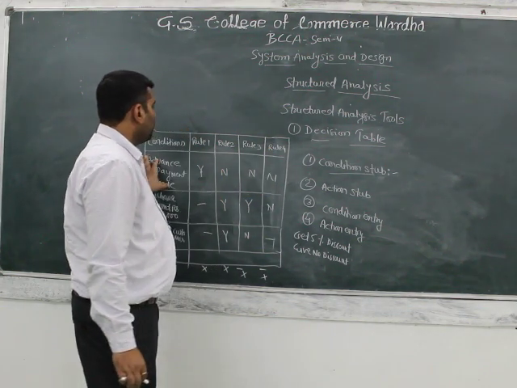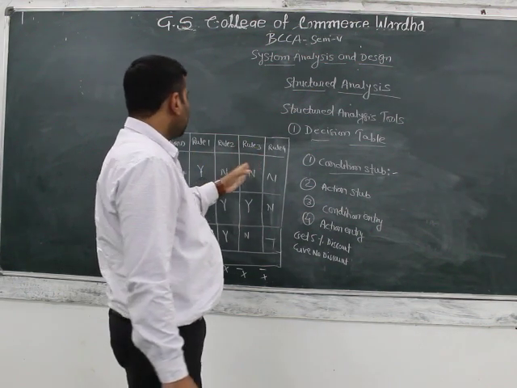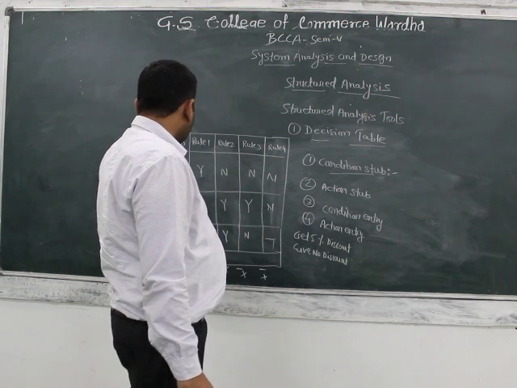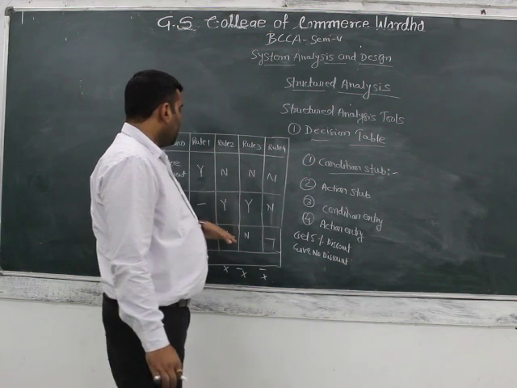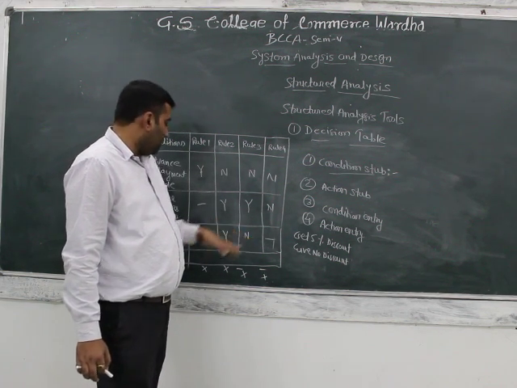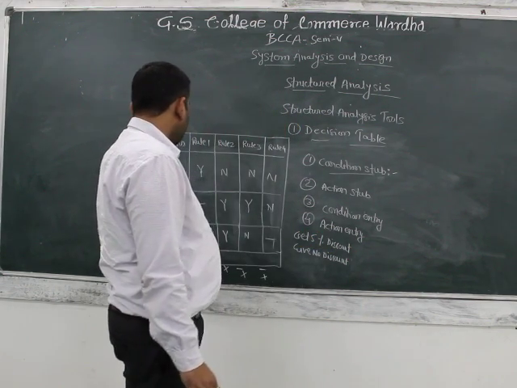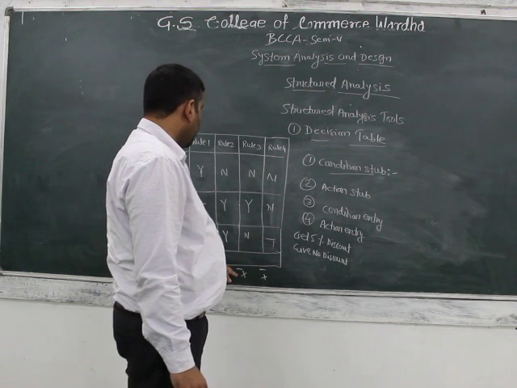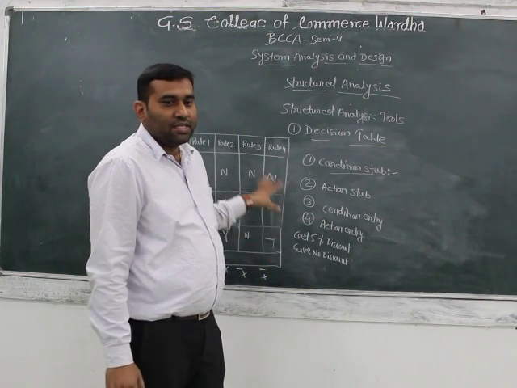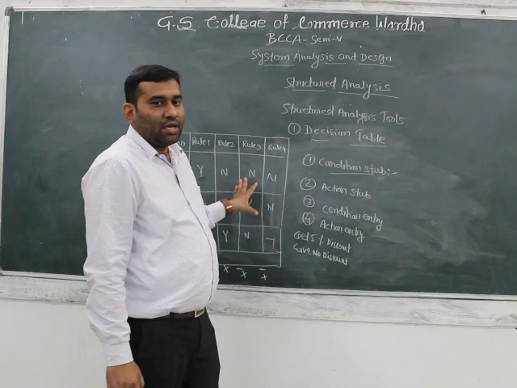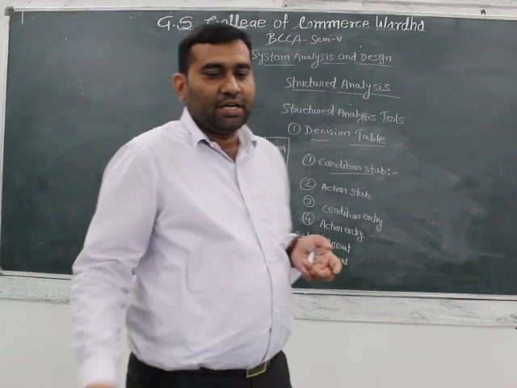When the advance payment is made, these rules are followed. When the regular customer makes the payment, rule 2 is possible and rule 3 is not possible. Give the 5% discount to the customer is possible in rule 1 and rule 2. Give no discount is possible in rule 3 and rule 4. These conditions and actions are shown in the decision table.